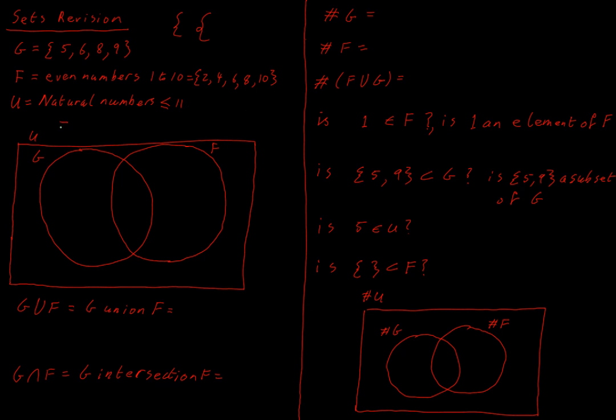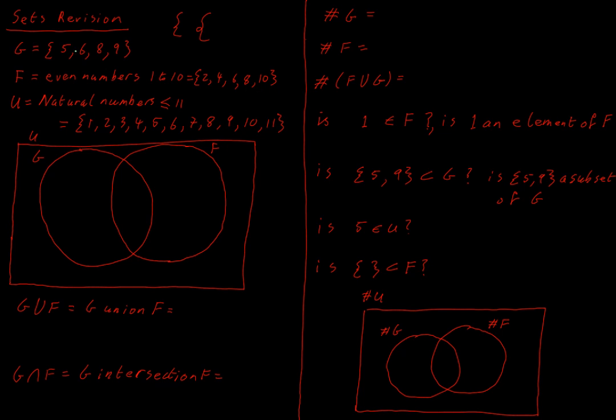So that's going to be, open up a curly bracket, the natural numbers start at 1, and then 2, and 3, and 4, and 5, all the way up with a comma in between each, all the way up to 11. I include 11 because of the or equal to, the extra line underneath here. So that's my universe. That's all of the elements that can come up in any set in this question.